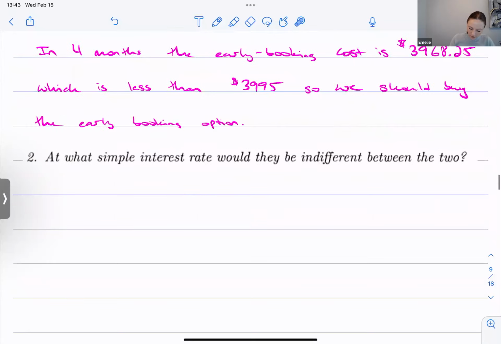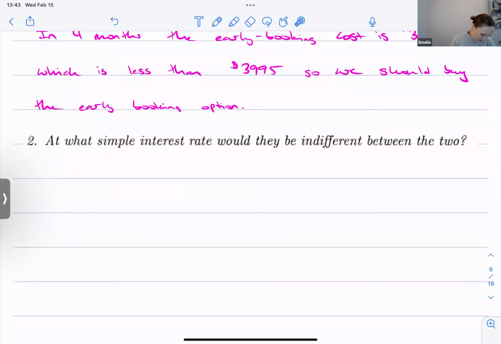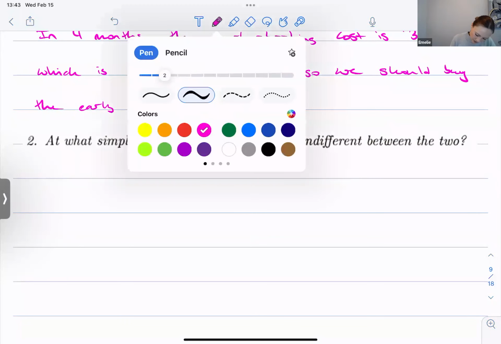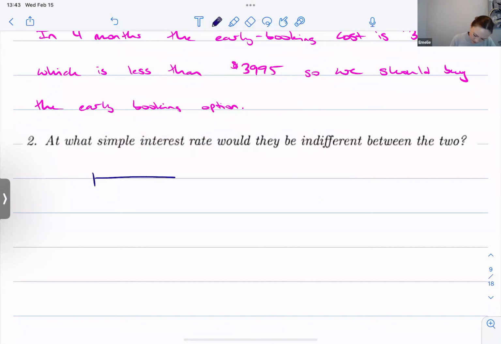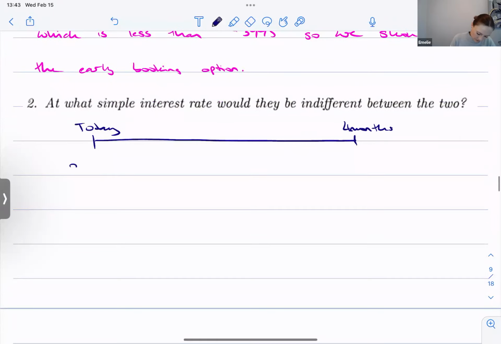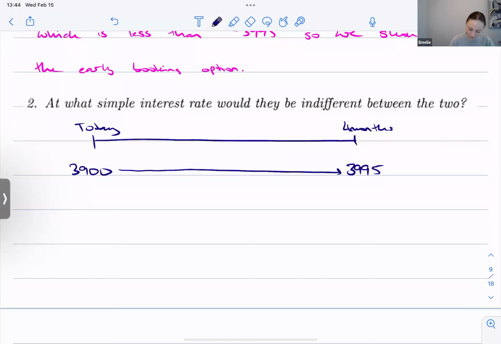And so really what we want to know is, let's map it out, from today and 4 months from today, 3,900 is going to grow to 3,995. Then we would be indifferent, right?